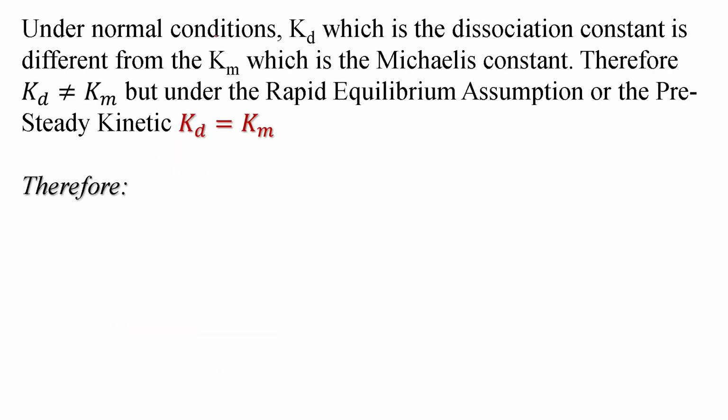Now, under normal conditions, the Kd, which is the dissociation constant, is different from Km, which is the Michaelis-Menten constant. Therefore, we know that under normal conditions, our Kd cannot be equal to Km.